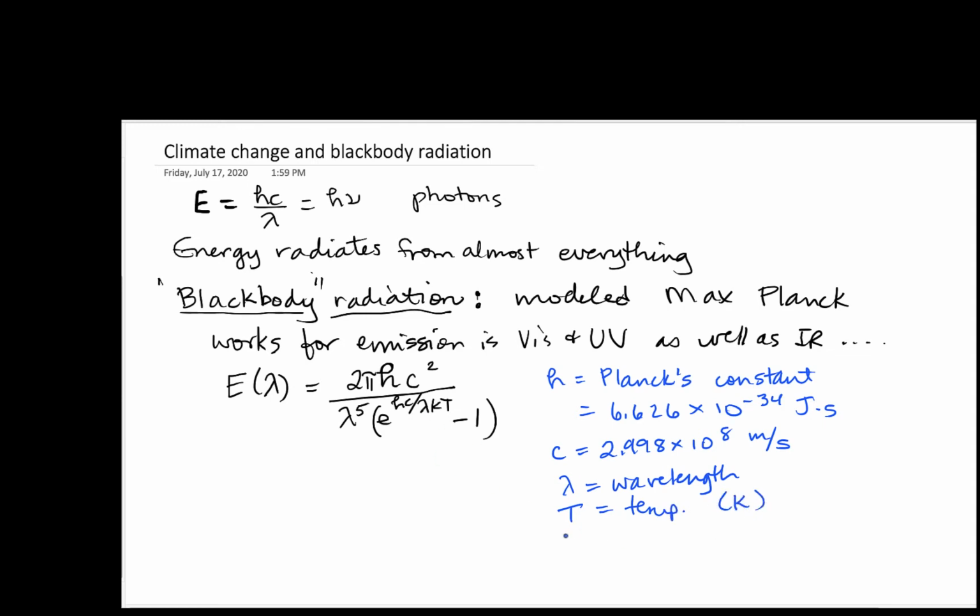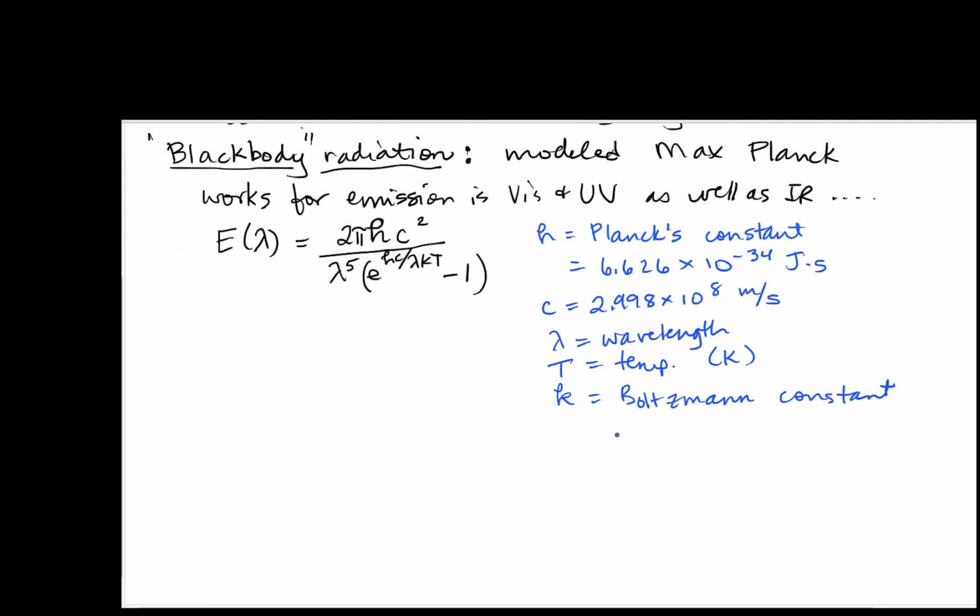And then k is the Boltzmann constant. And I have that number here too. That value is 1.3806 times 10 to the minus 23rd joules per Kelvin.